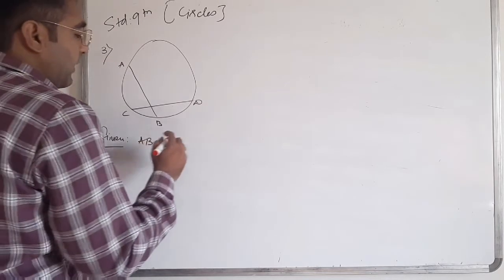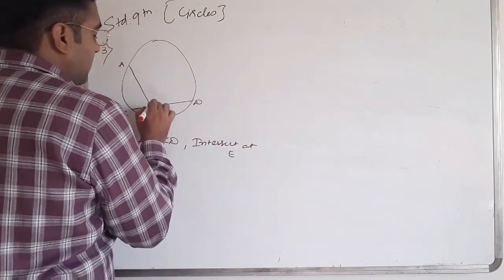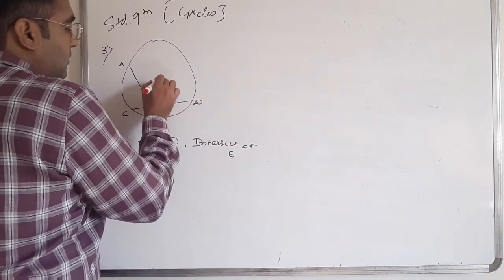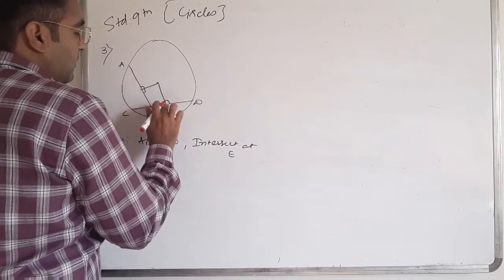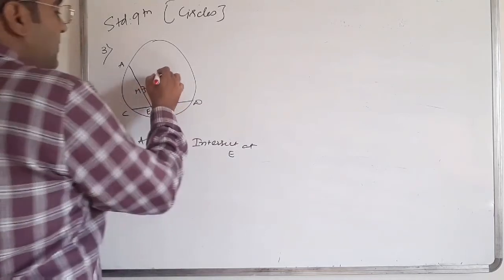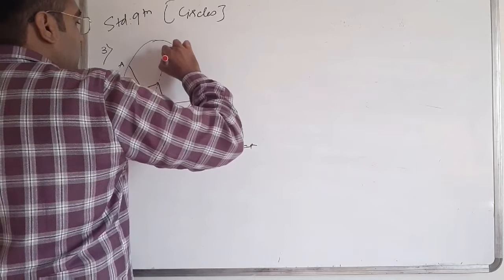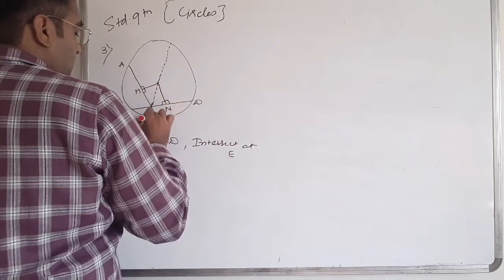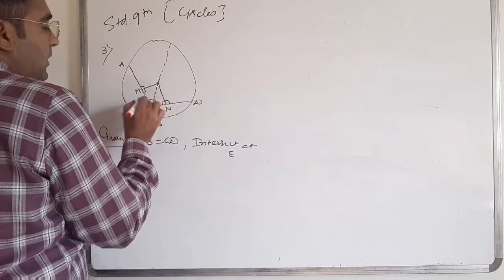Given AB is equal to CD and intersect at E. Okay, we have to prove that from the center of the circle, here my M and here my N. The line from the center of the circle passing through the intersection of the two chords makes equal angles.